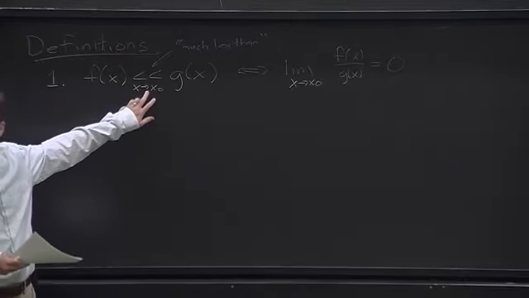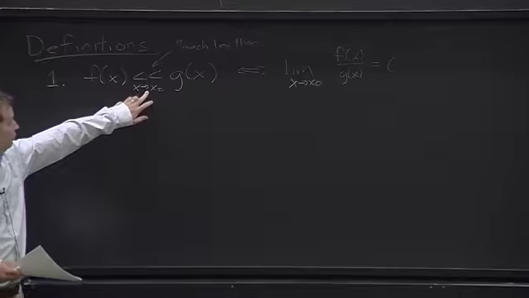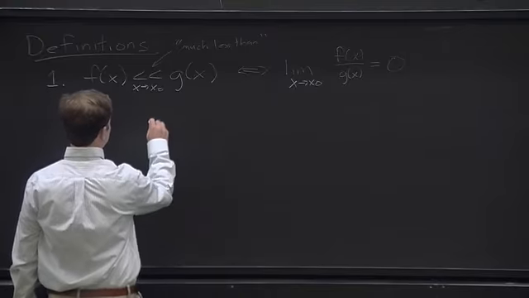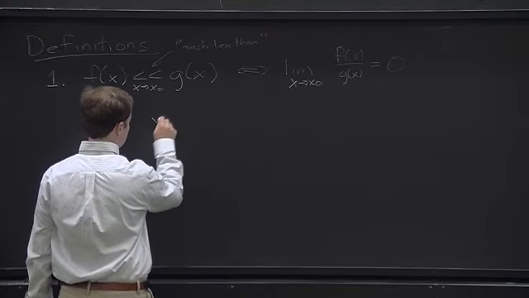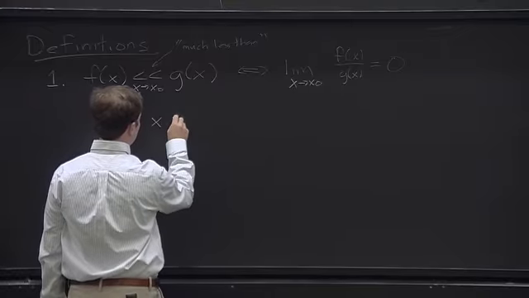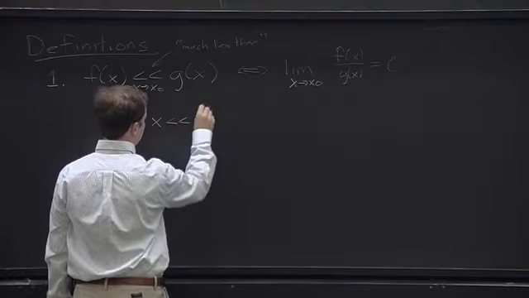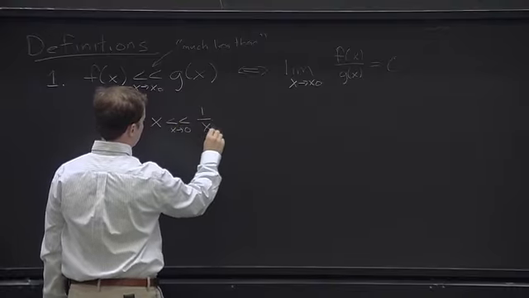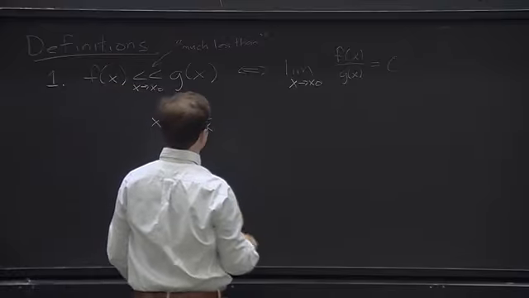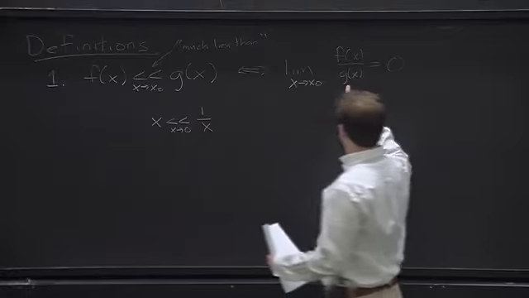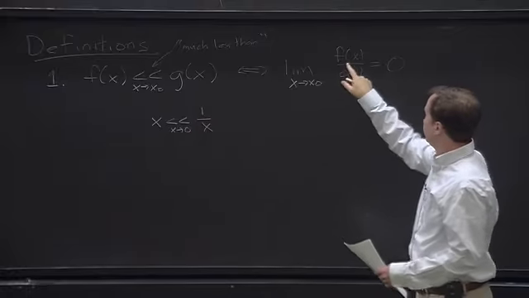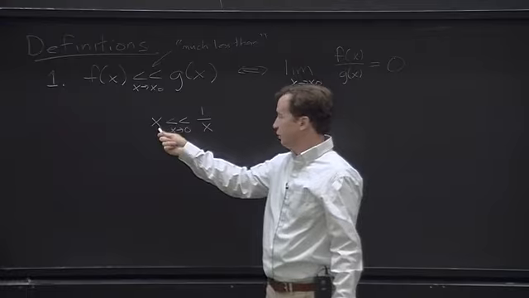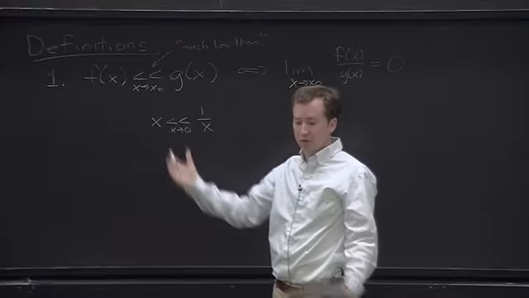This is a slightly different use of much less than you may be used to. There are some cases where it behaves just like you'd expect. For example, x is much less than 1 over x as x goes to 0. We take this ratio, we get x squared, which goes to 0 as x goes to 0, and this goes to 0, that blows up, so that makes sense.